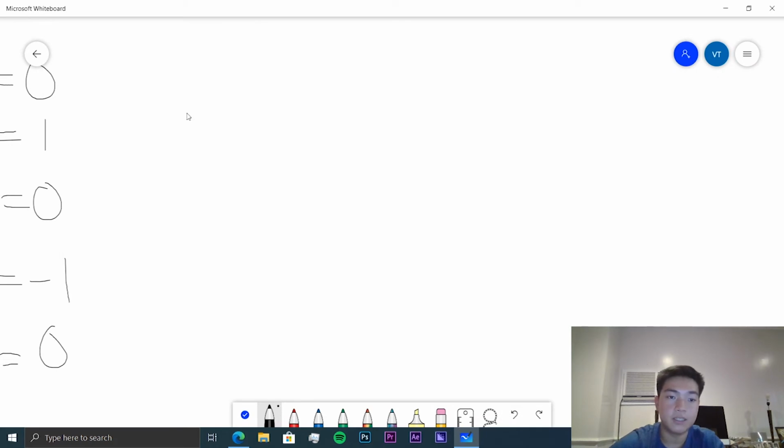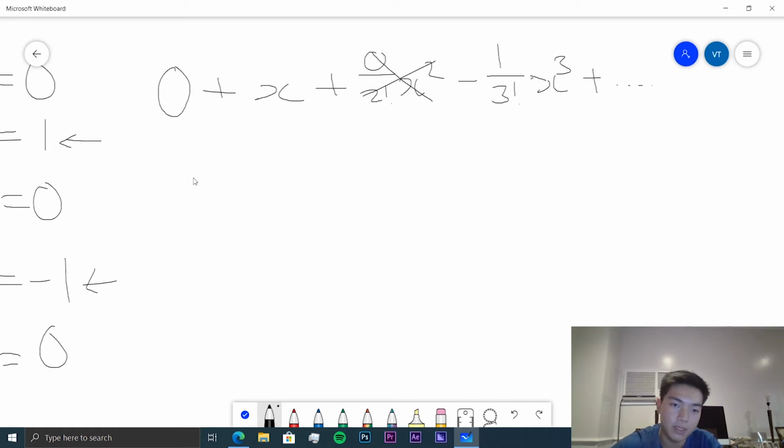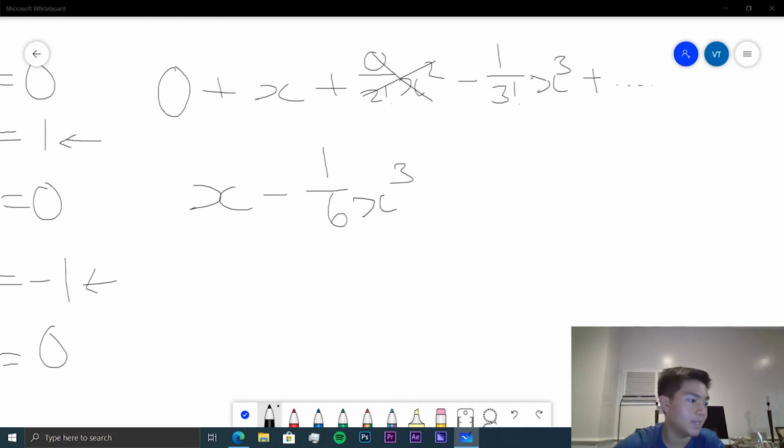So we have 0 plus 1 times x, so that's x, plus 0 over 2 factorial x squared. So we can skip that term. Plus negative 1 over 3 factorial x cubed, plus, and so on, since we only need to really consider the terms of x and x cubed. So this will be equal to x minus 1/6 x cubed as our approximation for this function.